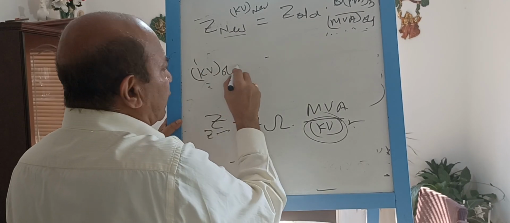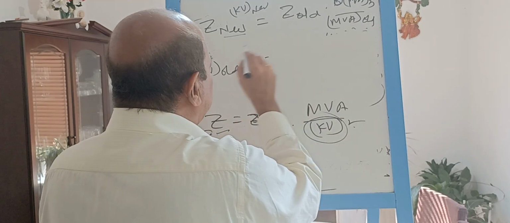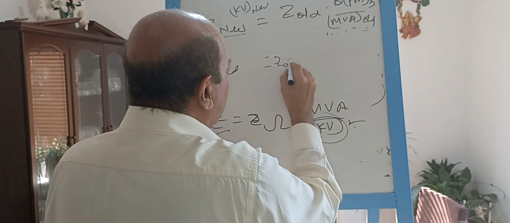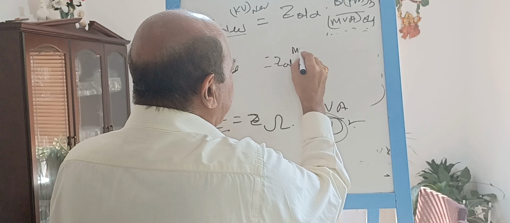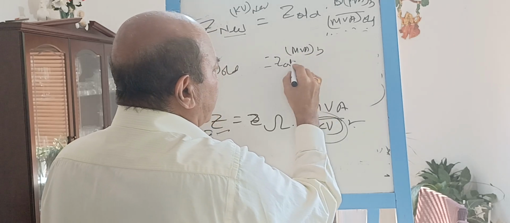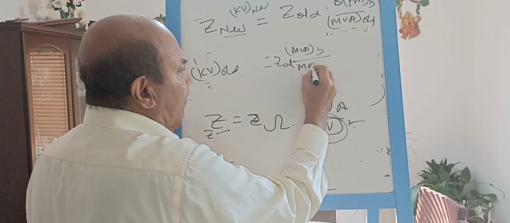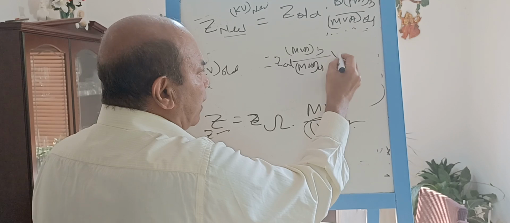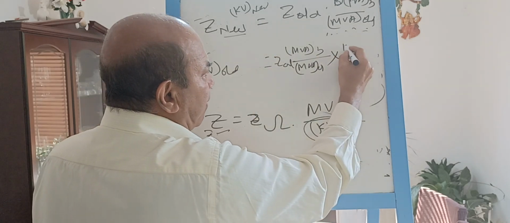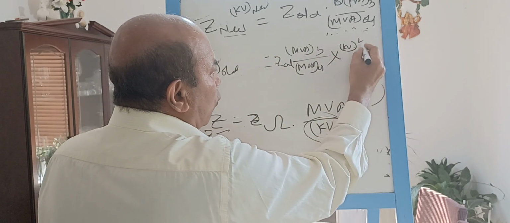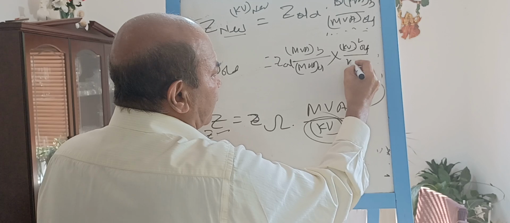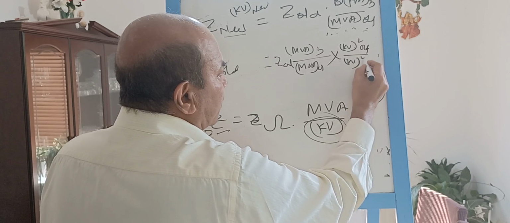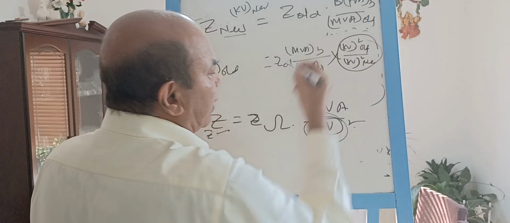These two voltages are not the same. Then in that case Z new is equal to Z old into MVA base by MVA old into a reverse square, that means kV square old by kV square new. This additional factor will come.